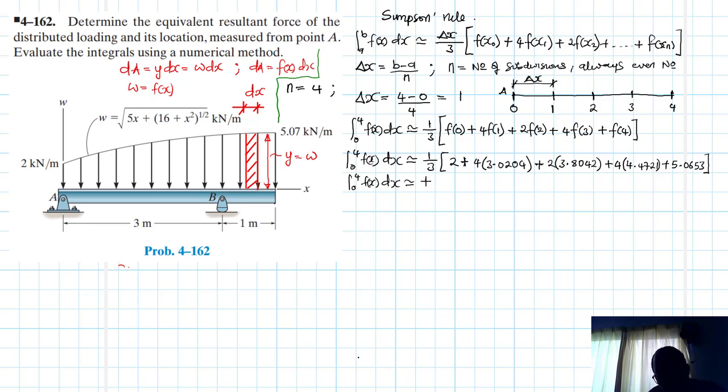So we have approximately 14.88. Okay, so this is one case.